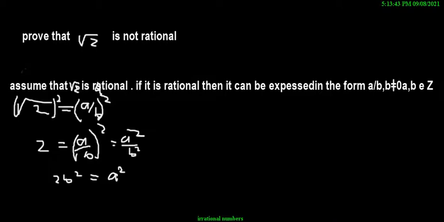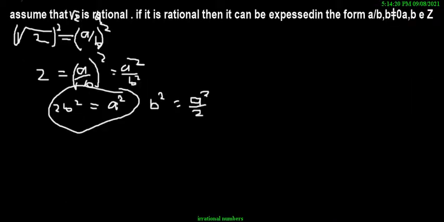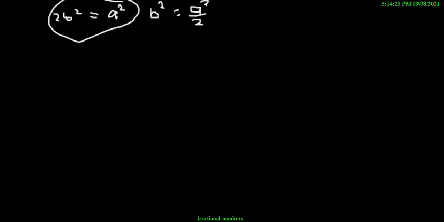And now what we can get from this statement is that a to the power 2 is divisible by 2, because we can also say b squared is equal to a squared over 2. So we can say that a squared is divisible by 2. Now moving forward, we can say that a squared has a factor of 2.